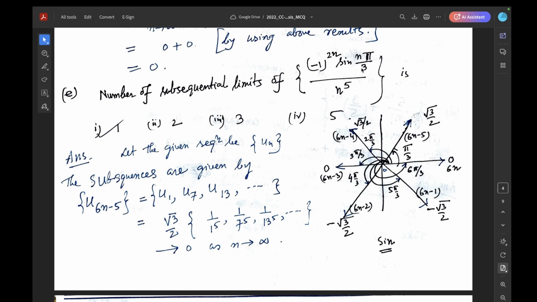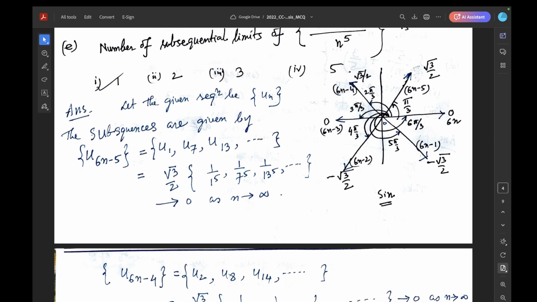Minus 1 to the power 2n is always even, so it is plus. And then n to the power 5 gives 1 by 1 to the power 5, 1 by 7 to the power 5, 1 by 13 to the power 5. So this sequence tends to 0. Ultimately the subsequence u6n minus 5 tends to 0 as n tends to infinity.